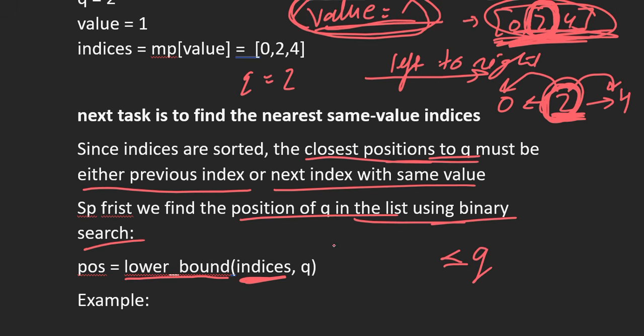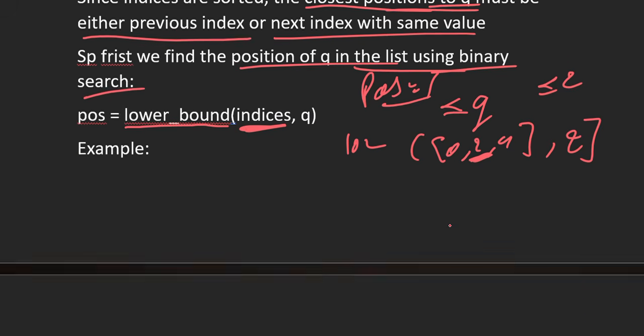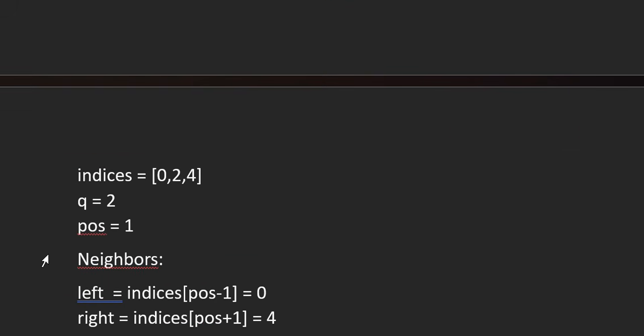So if we pass this array, that is lower bound of 0 2 4, and now suppose we have to find 2, it will return the first index where the value is equal to 2, so it will return 1. We get position is equal to 1, right?